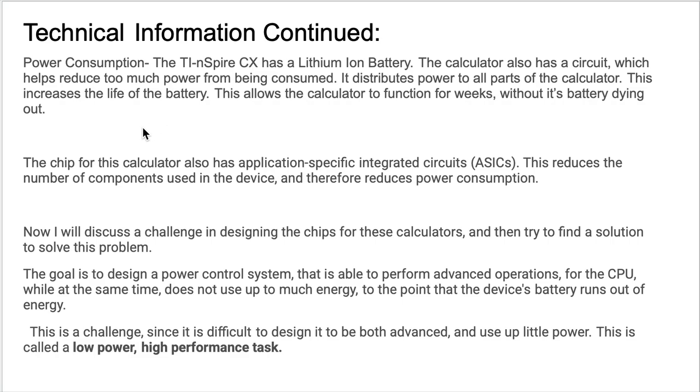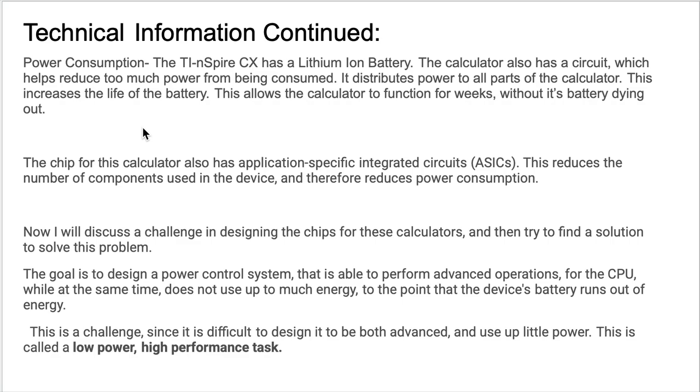The chip for this calculator. There are these things called ASICs, which stand for application specific integrated circuits, and they're in the chips for this calculator. What that does is it also helps improve power consumption, differently than what we've discussed before.